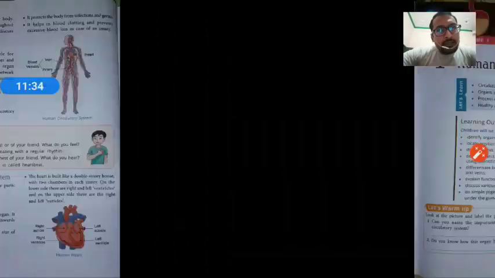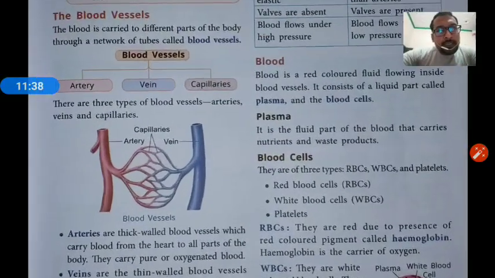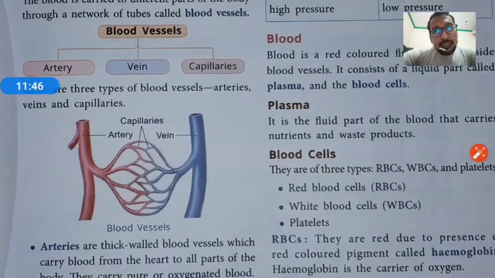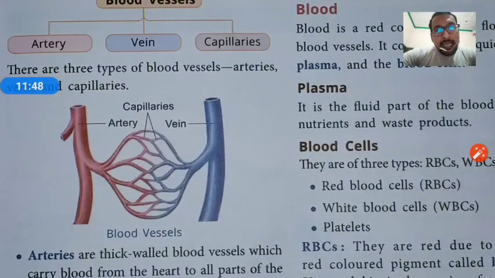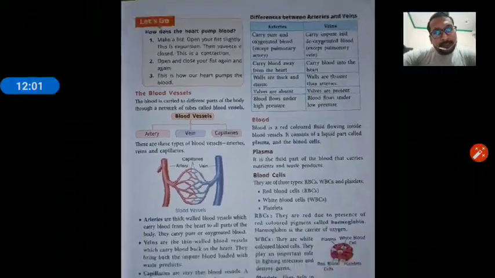Then you have this diagram where you see the artery bringing the oxygenated blood to the cells, and the capillaries attached to those cells taking the carbon dioxide with the blood and sending it to the veins. This diagram is also important and you should practice.